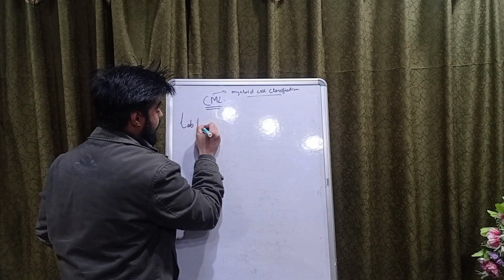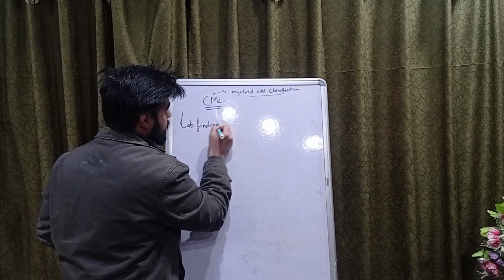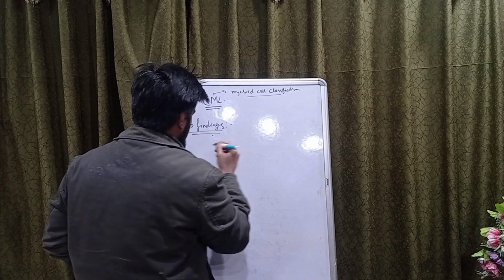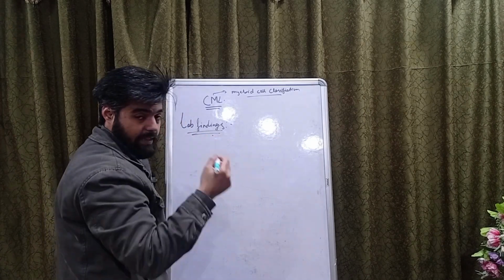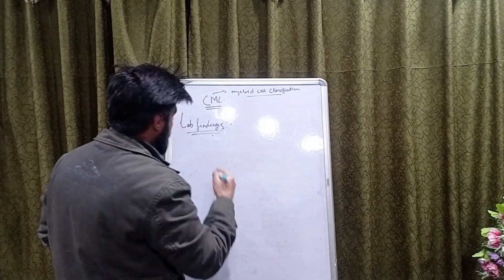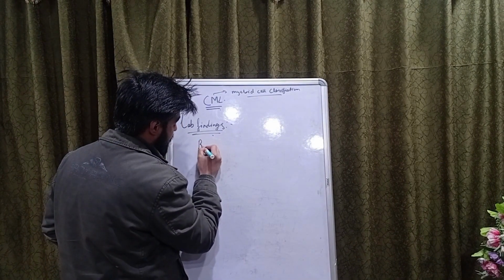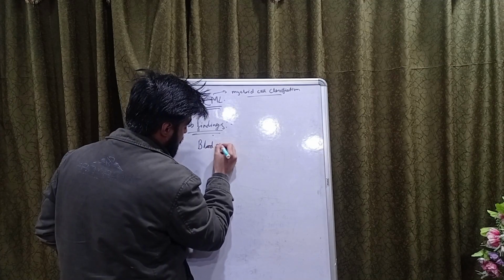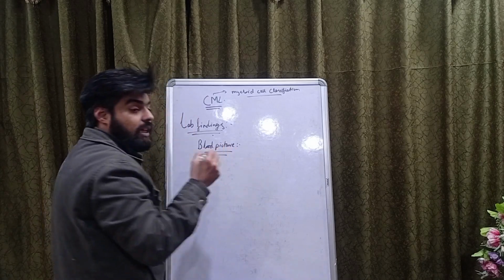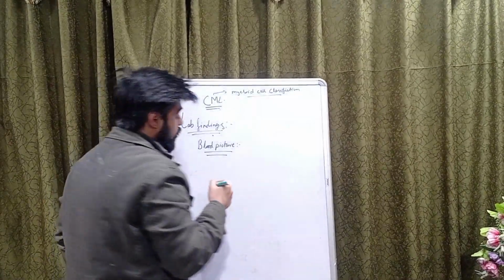So the first lab finding we will see: we take a blood smear, and pathologically we call it the blood picture. What are the things that the blood will show?